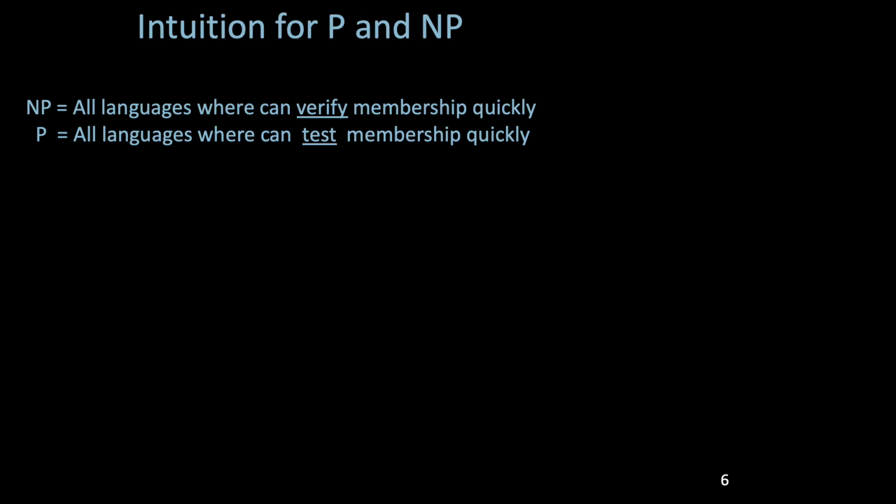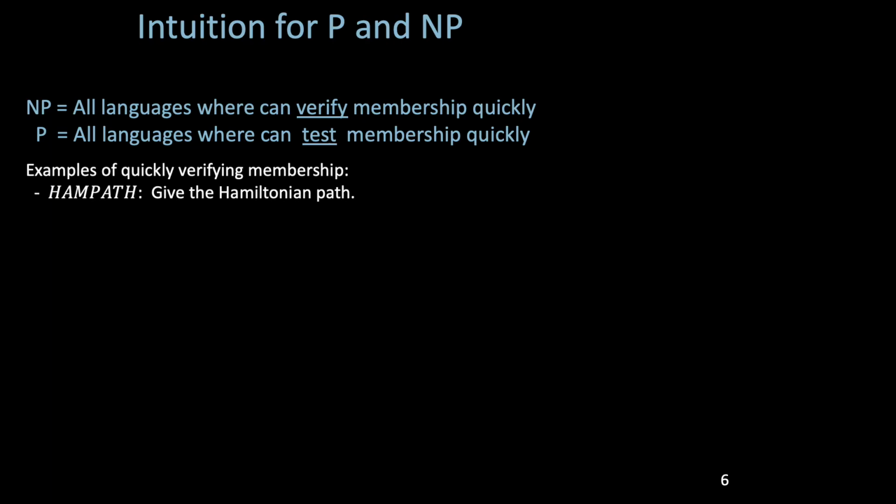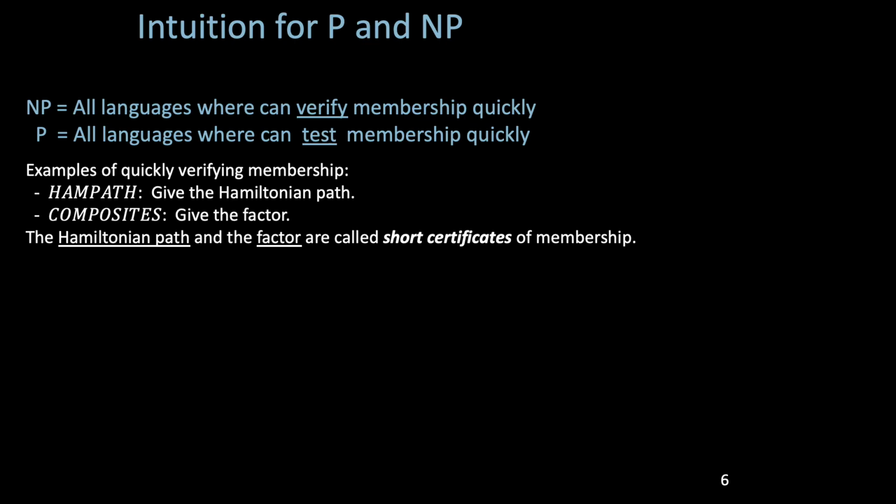The definition or intuition for NP is languages where you can verify membership quickly, whereas P is languages where you can test or perhaps solve for membership quickly. Examples of quickly verifying membership are HamPath, you just give the Hamiltonian path. Composites, you give a factor. The Hamiltonian path and the factor are called short certificates of membership.